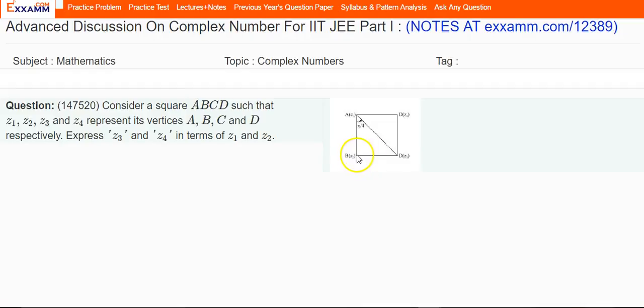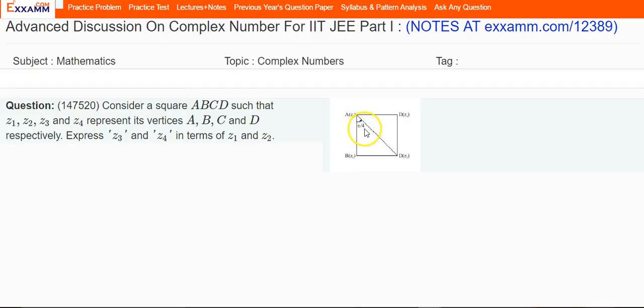Now when we apply the rotation theorem, what would we get? We will get (Z3 minus Z1) upon (Z2 minus Z1) is equal to modulus of (Z3 minus Z1) divided by modulus of (Z2 minus Z1) into e to the power i alpha.